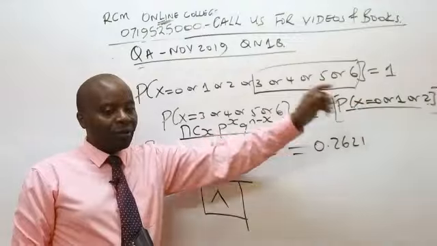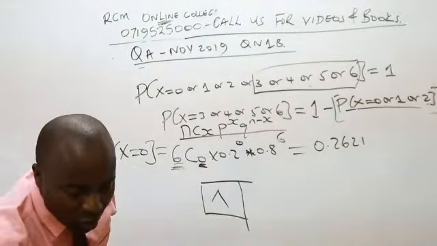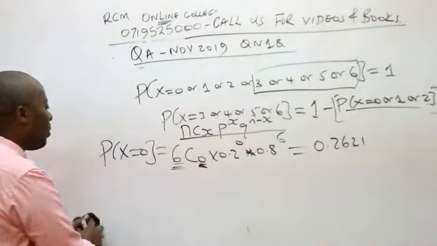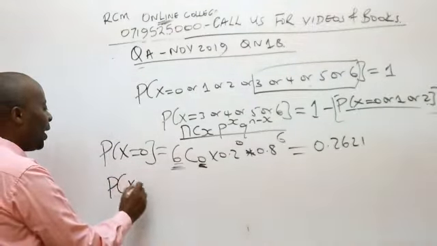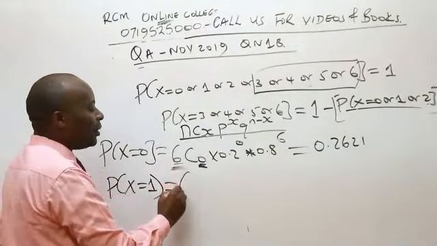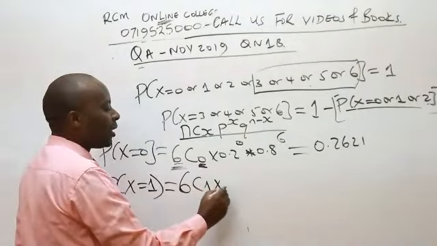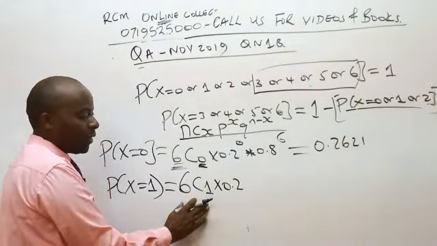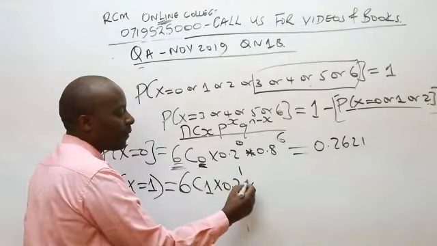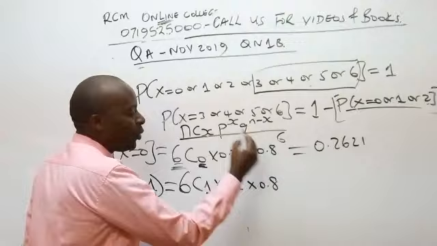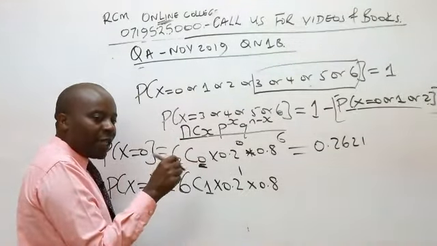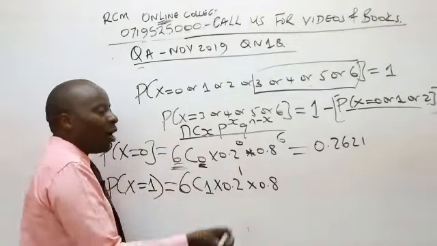Take on the probability of the second event, where X equals 1. So come and give us the probability when X equals 1. Remember, we are using this general formula. It will be 6 combinations 1 times 0.2. Remember now X is 1. So 0.2 raised to power 1 times our Q, which is 0.8. Remember these figures, I gave them to you up there. So 0.8 this time around will be raised to a new power. How do I get the new power?